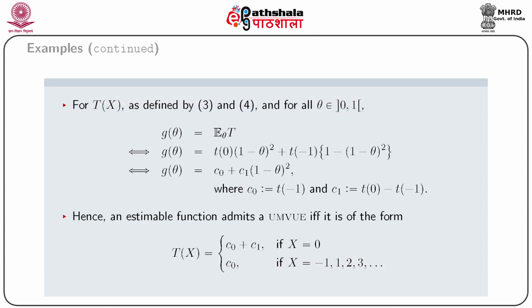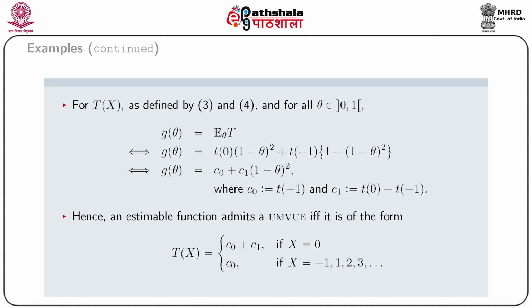Now, expectation of T equal to g(theta) for all theta implies g(theta) = (1 - theta)^2 T(0) + T(-1)(1 - (1 - theta)^2), which implies g(theta) = c1(1 - theta)^2 + c0, where c0 = T(-1) and c1 = T(0) - T(-1).